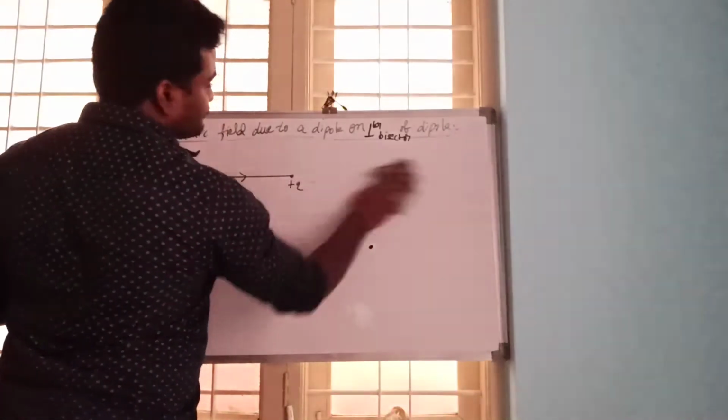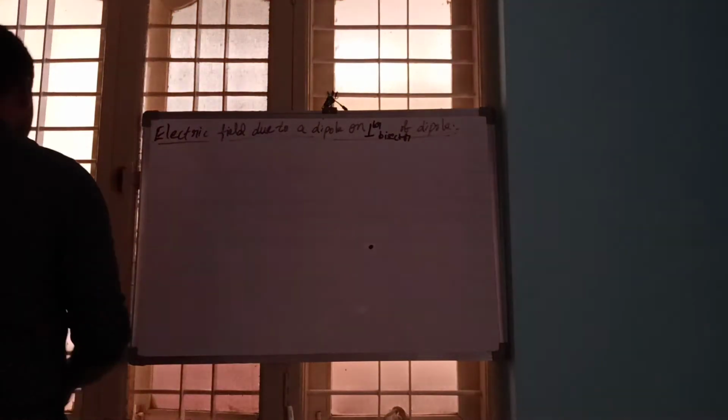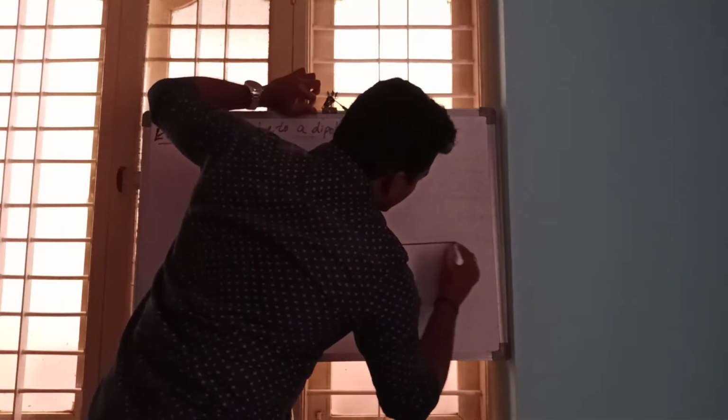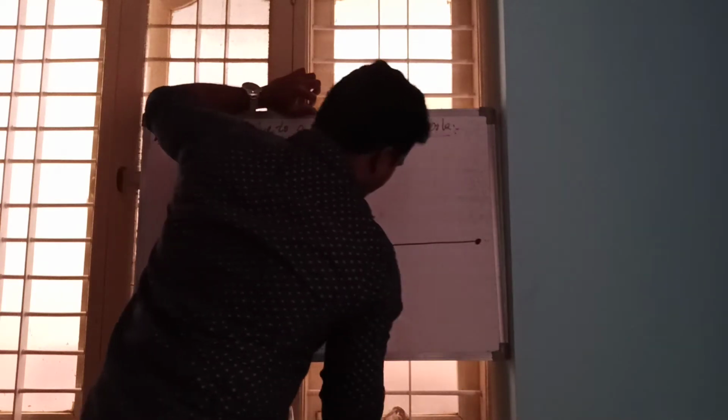Now let us find the electric field due to a dipole on the perpendicular bisector of the dipole.